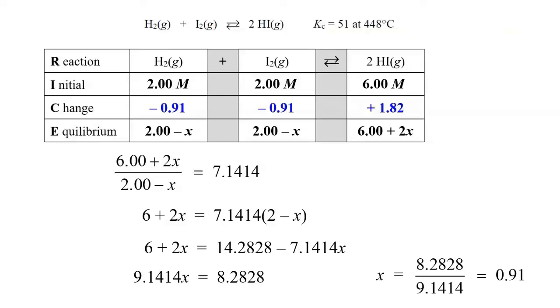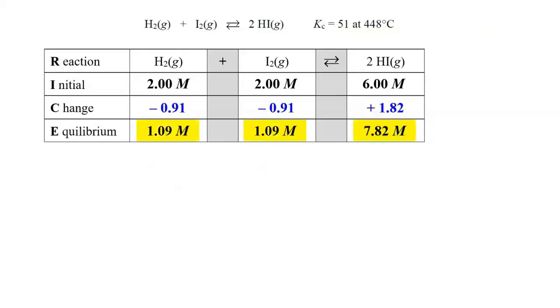The concentration of iodine also decreases by that same amount, and the concentration of hydrogen iodide will increase by 1.82. So here are the concentrations of all the reactants and products at equilibrium: 1.09 molar for hydrogen, 1.09 molar for iodine, 7.82 molar for hydrogen iodide.